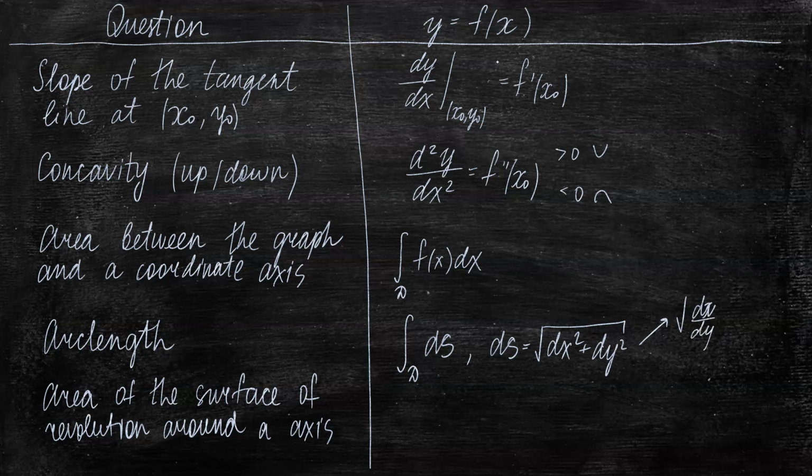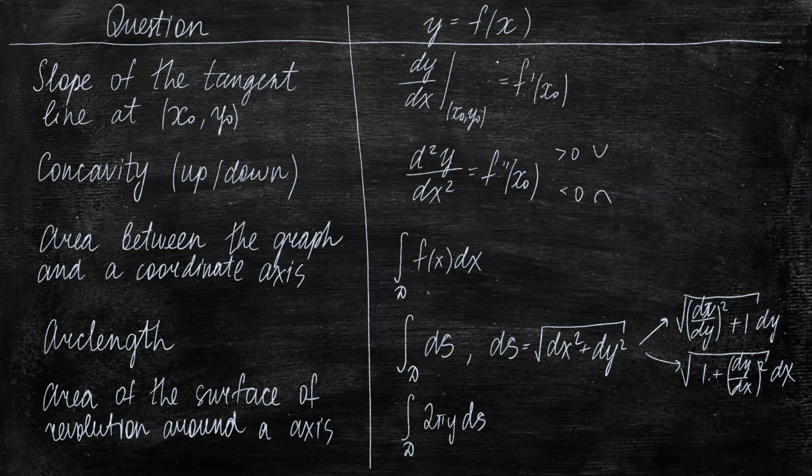It looks like we're pulling out dy from the radical, or we can pull out dx, and this gives us two different formulas for the arc length. And finally, when we're finding the area of a surface of revolution around some axis, we're integrating 2 pi y ds if we rotate around the x-axis, and we integrate 2 pi x ds if we have a rotation around the y-axis.